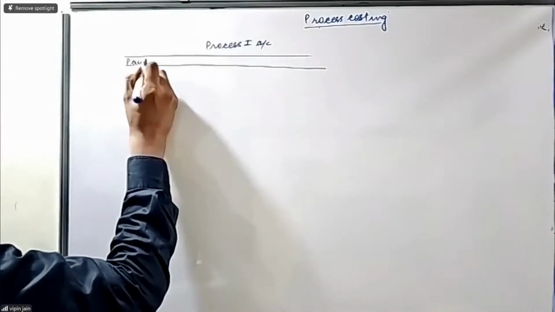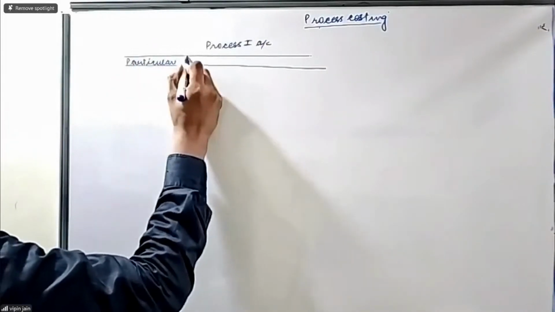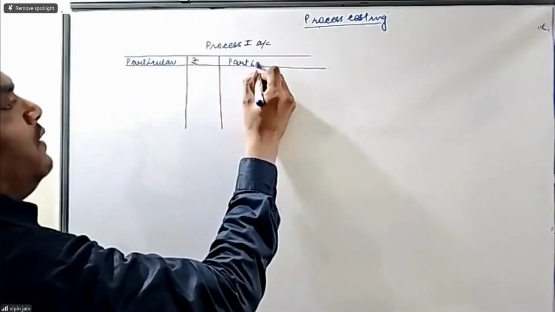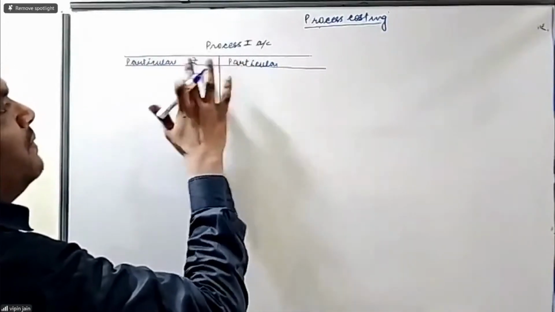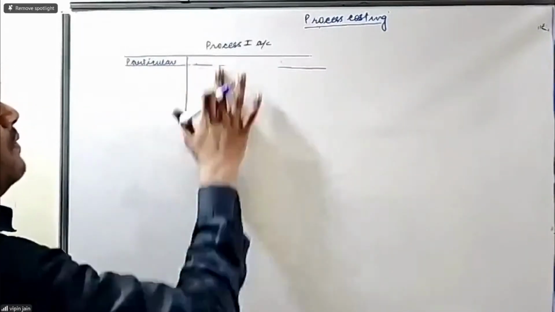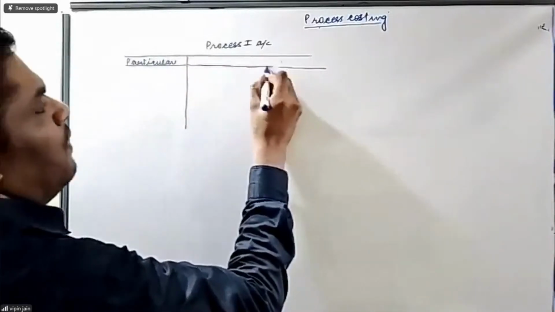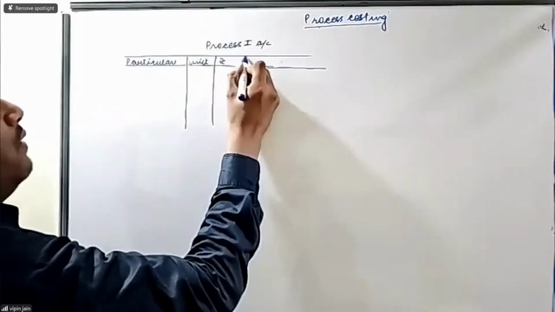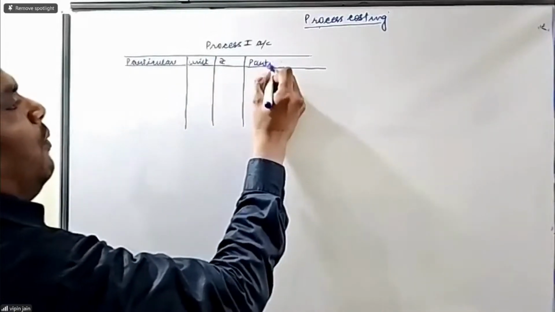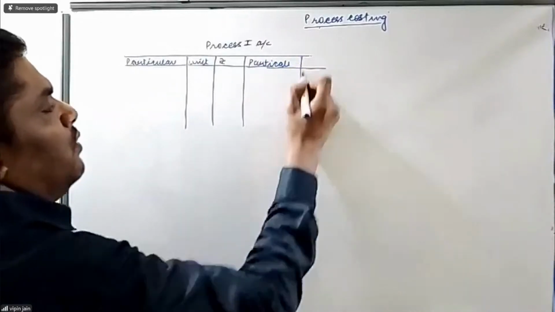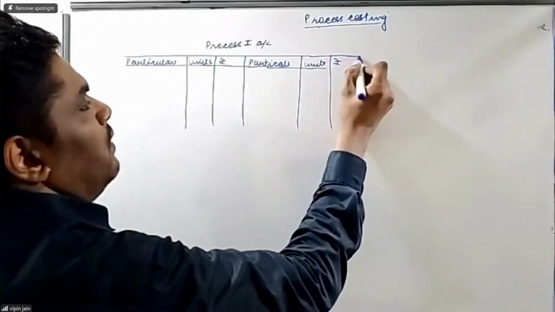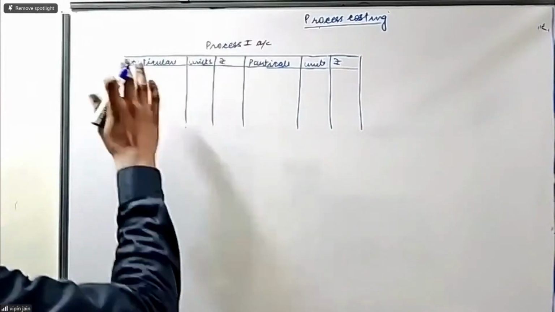So the first column will be particulars, units and amount, and on the other side again particulars, units and amount. So this is the basic format, debit and credit.